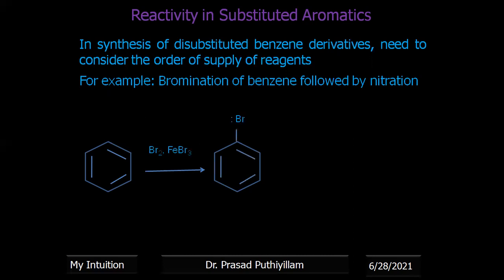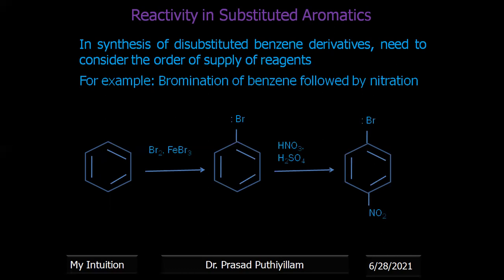We already know bromine can be attached to any of the six carbons, and you get bromobenzene. Now, on nitration of bromobenzene, where do we expect the nitro group? Bromine is ortho para directing, so the more electron-rich possibilities are ortho and para. But at the ortho position, due to the electron-withdrawing inductive effect of bromine, the para position is most suitable, and more yield is obtained with the para substituent. Therefore, para-nitrobromobenzene.